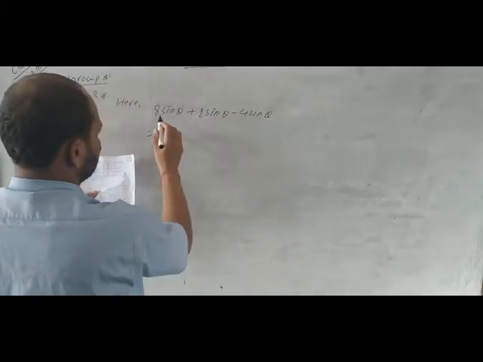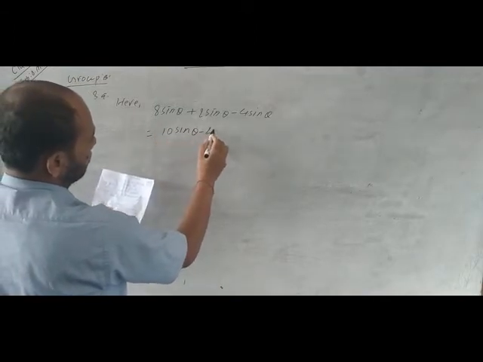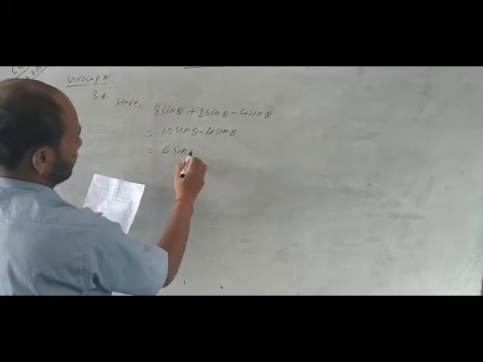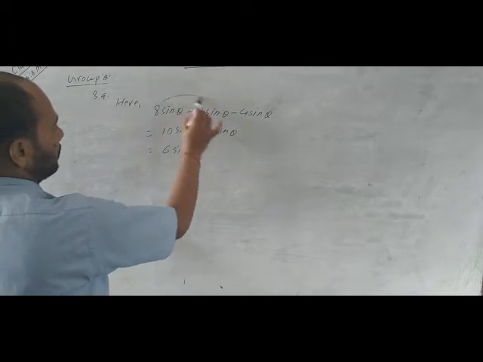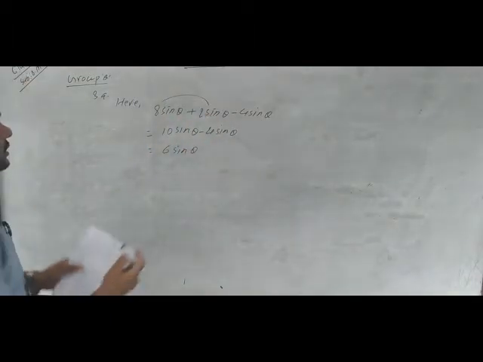So here, adding these two, we have 10 sin theta minus 4 sin theta, and then we have 6 sin theta. Okay, in this way you solve these types of question. First you add, then you subtract 4 sin theta from 10 sin theta, we have 6 sin theta.